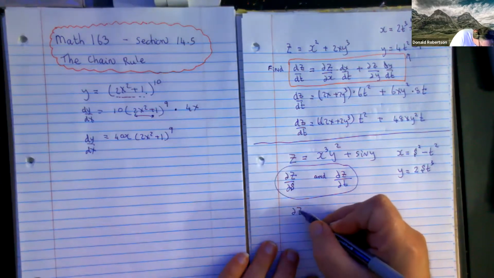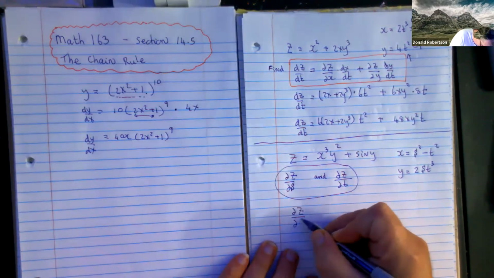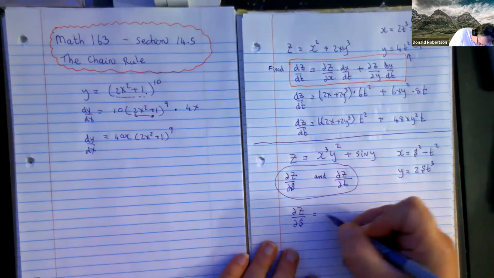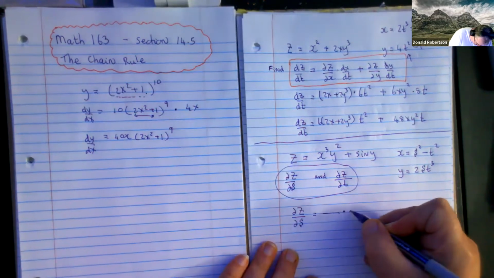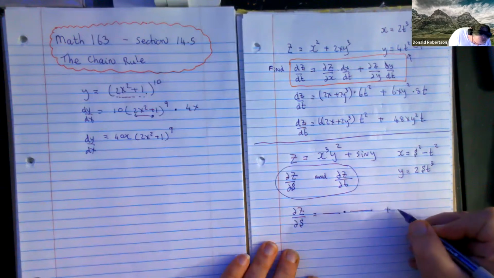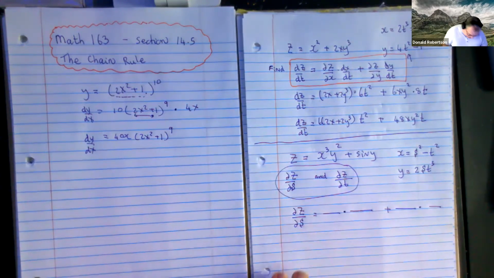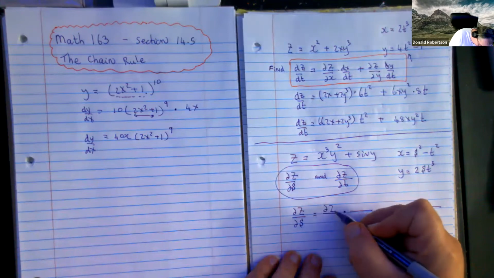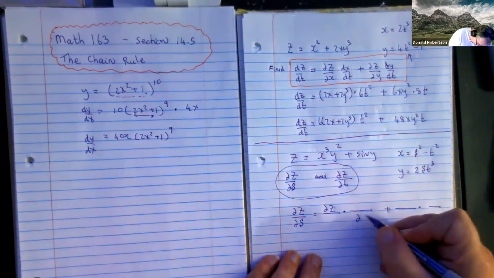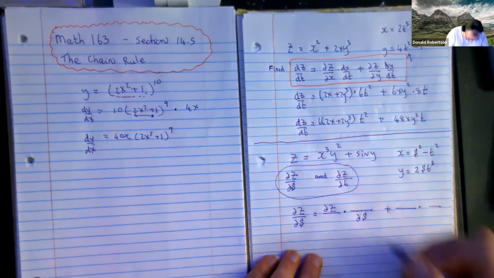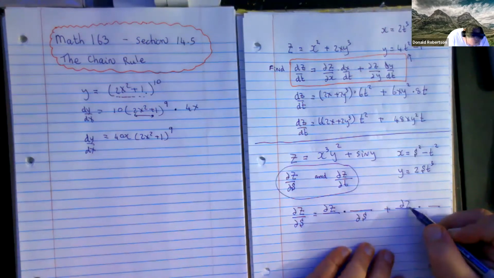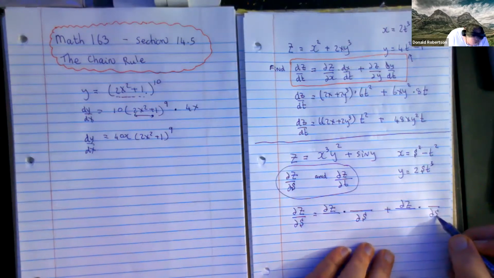Let's do the dz by ds guy. So they always end up being two things multiplied together. Now, if you want dz by dx, this guy is going to be dz and this guy is going to be ds. This one here is also going to have the same start and finish.